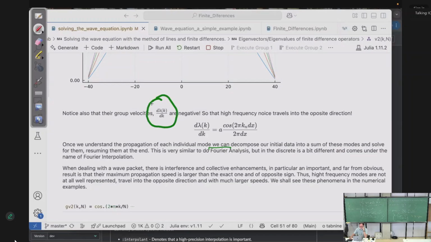And so when we compute it, for instance, for this case, it gives us this. And we'll see how it behaves. I think that there is a mistake in this formula. I have to check.